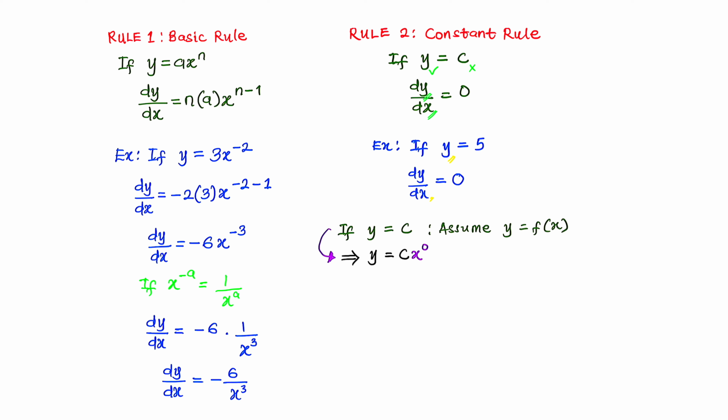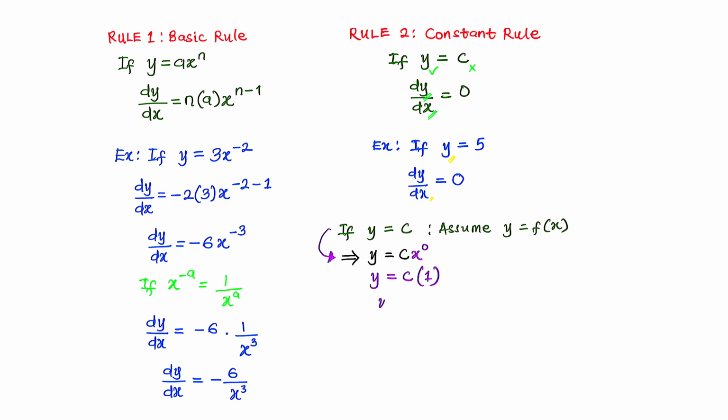How is that the case? That's because y equals c. We know that in mathematics, anything raised to power 0 is 1. So x raised to power 0 is 1. 10 raised to power 0 is 1. 5 raised to power 0 is 1. Any value or any variable raised to power 0 is 1.